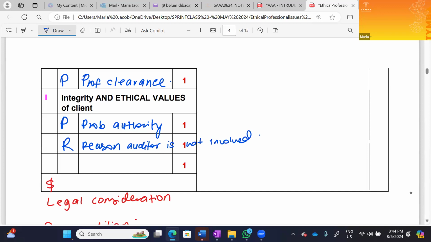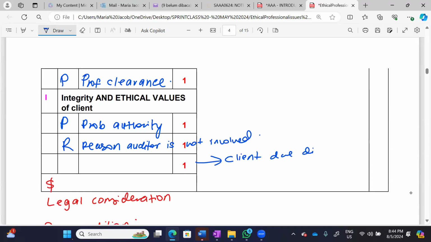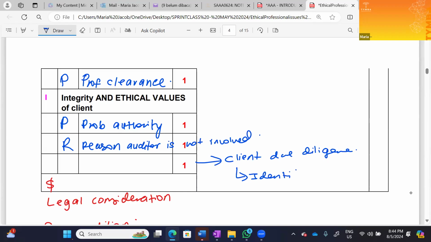Then you want to perform client due diligence. When you do client due diligence, you identify the directors. You want to know who these directors are. For example, if one MDB director is also that client's director, you don't want to take up the job.